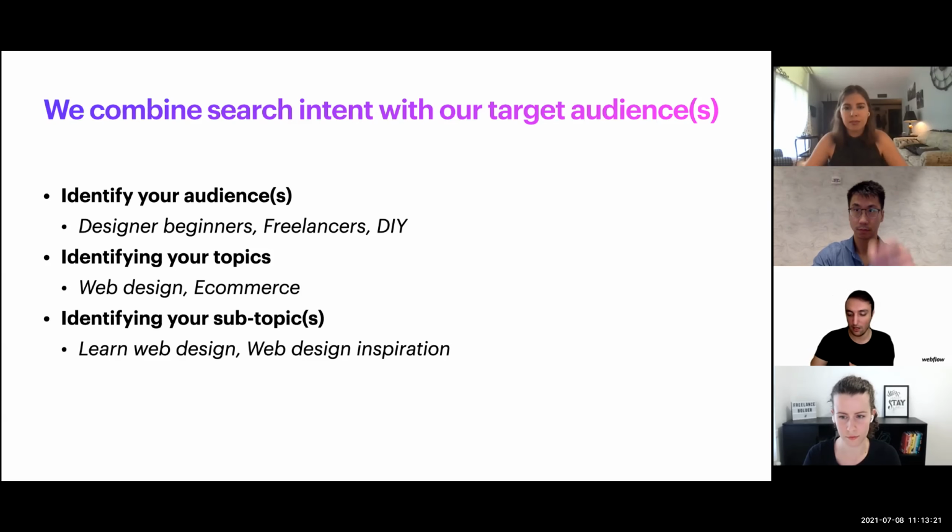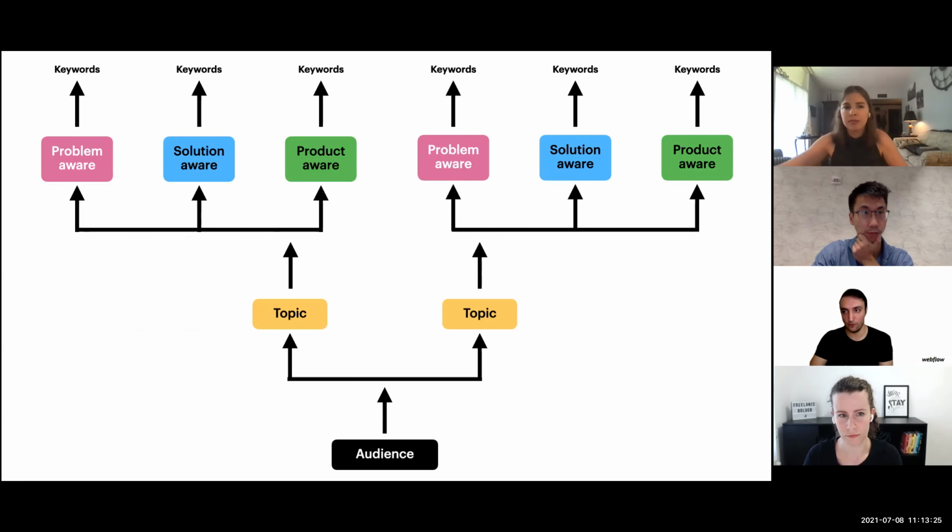And so if we look at this from a more visual perspective, and you can take a screenshot of this as well, we'll actually come back to this slide again at the end. But this is what it would look like, where we have our audience that we want to go after. We have then our topics. We can have subtopics. I haven't included that in this graph, but we go from topics to then our stages of awareness.